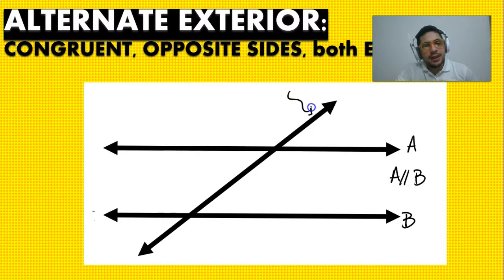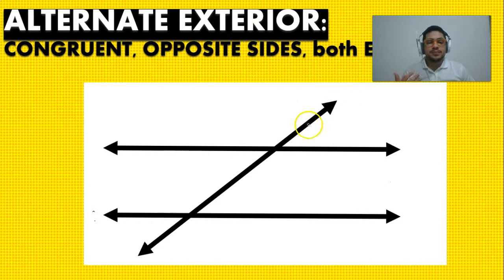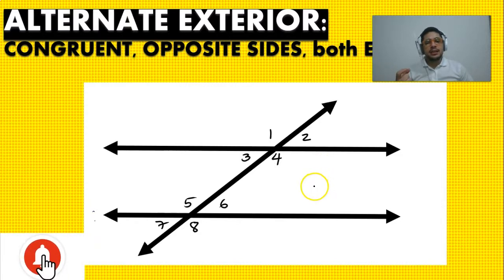And they are cut by a transversal line, so this transversal line cuts both line A and line B. And there are going to be 8 different angles formed: 1, 2, 3, 4, 5, 6, 7, and 8. And there are different characteristics that we're going to be taking a look at in this video, some characteristics that link or relate two different angles, right?